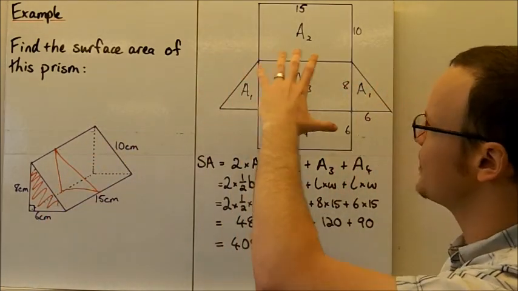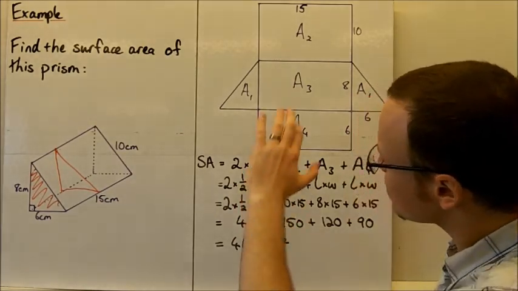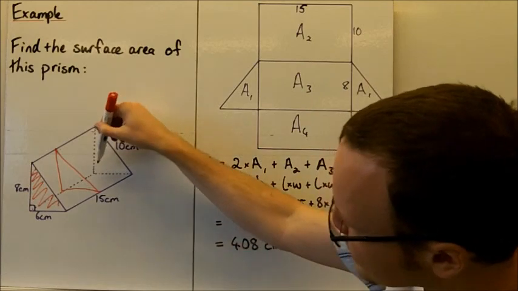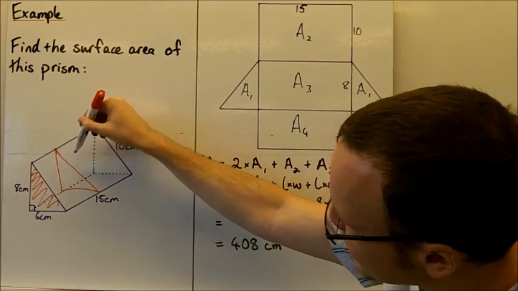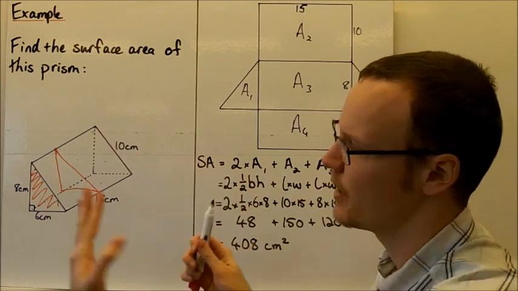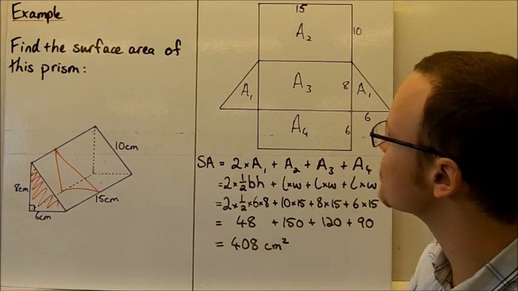So here I've created the net to try and find the total surface area of this prism. I've folded it out. You can see we've got 3 rectangles making up these faces: one here, another here, and another on the bottom. One rectangle is the slope, one is the back, and one is the base of our triangular prism.